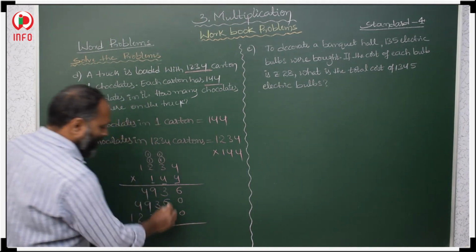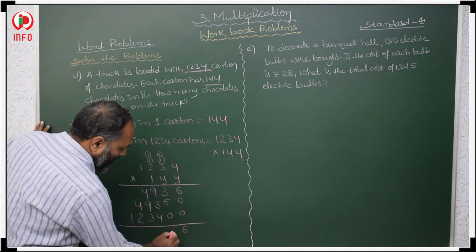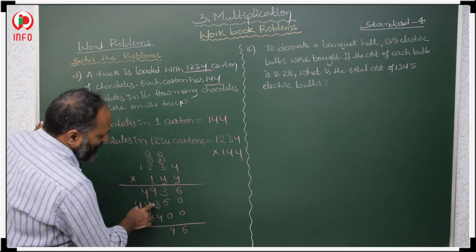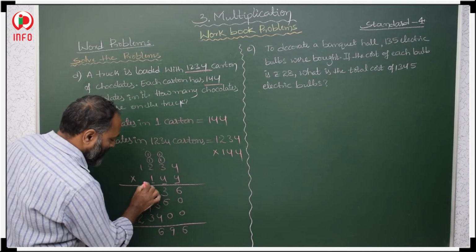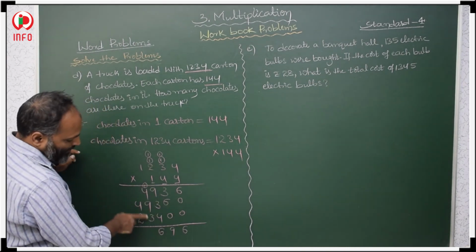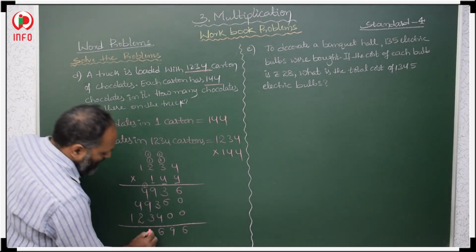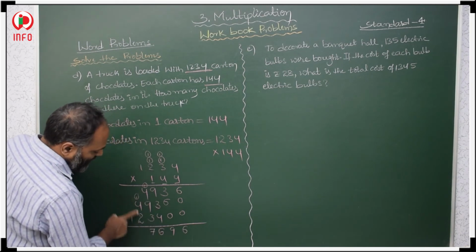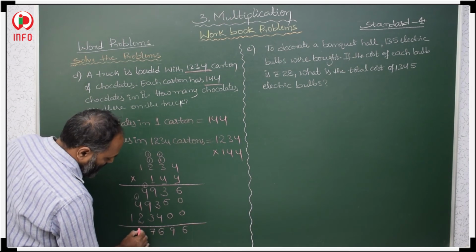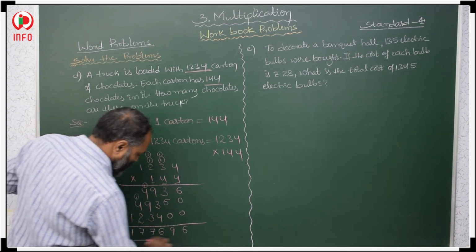Now you add: 6, 9, 9 plus 3, 12, 12 plus 4, 16, 1, 14, 14 plus 3, 17, 4 plus 1, 5, plus 2, 7, 1.